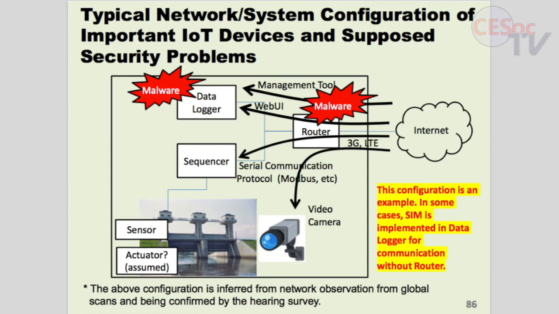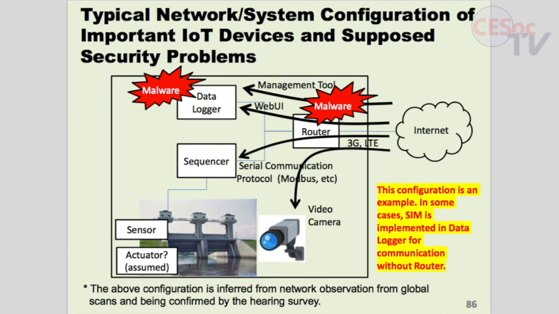Also, from the internet, the video camera is accessible. In our observation, malware infects the data logger and router. Of course, this configuration is just an example. In some cases, as you know, the data logger has a SIM to connect directly to the internet without a router.